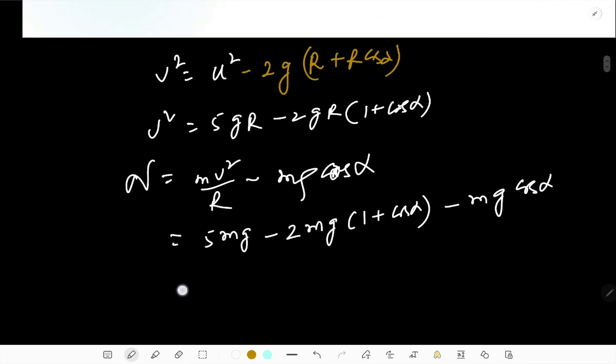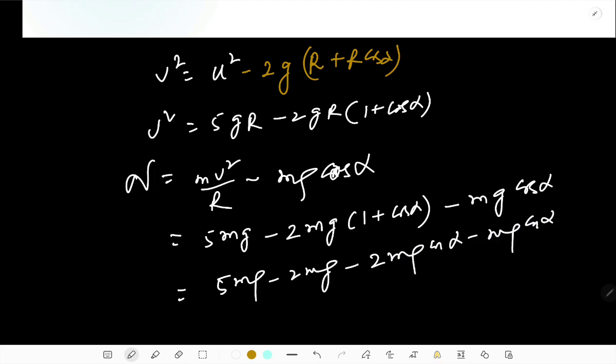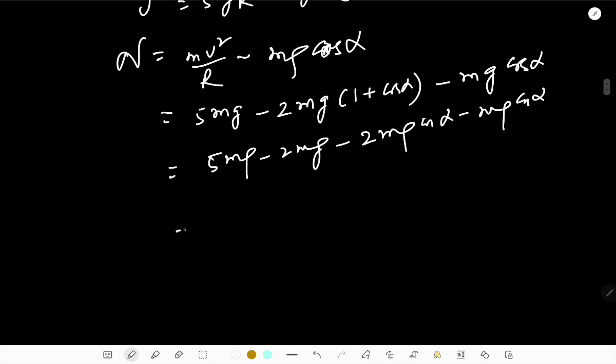So finally I get 5 mg minus 2 mg minus 2 mg cos alpha minus mg cos alpha, so that the right hand side becomes 3 mg(1 minus cos alpha). Yeah, that's right, 3 mg(1 minus cos alpha). This is the value of N.